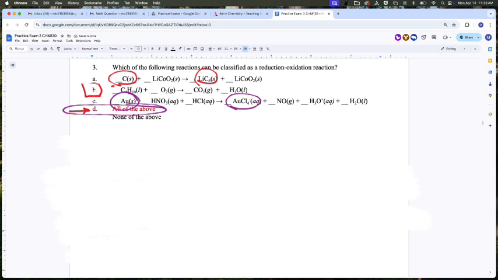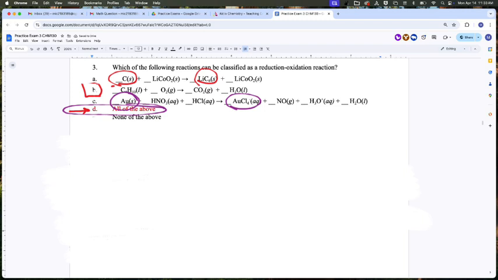Just like in a compound, if there wasn't any neutral ones, would it be any different? I don't understand your question at all. I'm not even sure I heard a question. Well, all the ones we did, they have an Au solid, like they're single elements, so they're neutral. I mean, they're easier ones to do. Like if it was just compounds, would it just be? So I think I'm picking it up now.